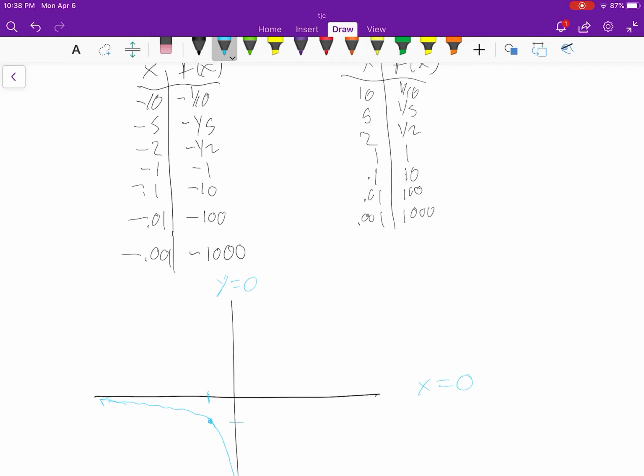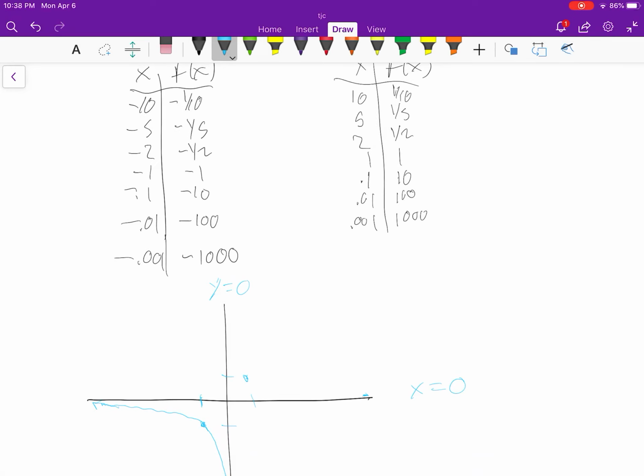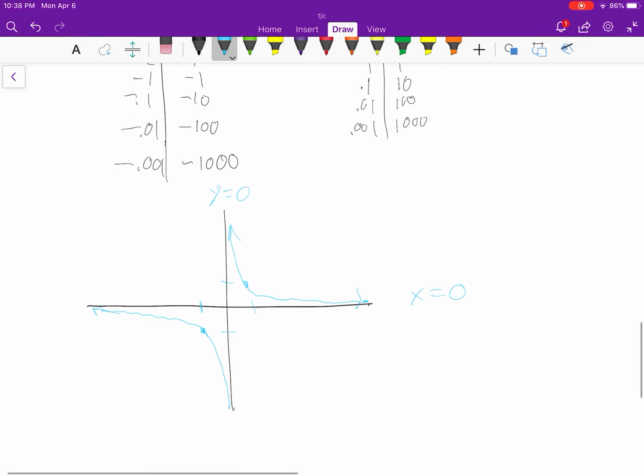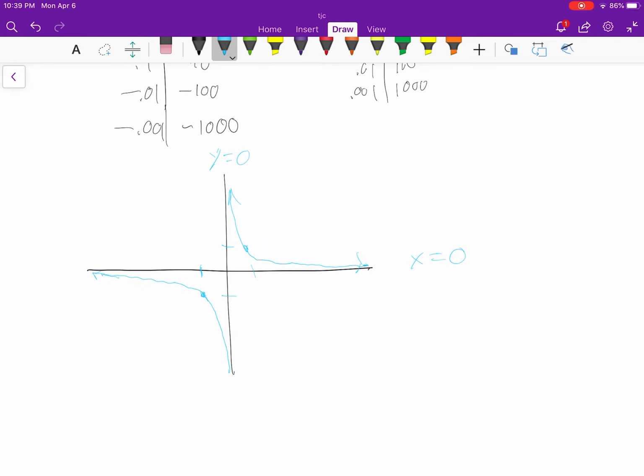So again, as you get larger and larger, you're approaching 0. So it's starting here at 0, and then at 1 and 1, that's where it crosses, and then it goes off as you approach 0 on the x value. So as you approach infinity on the x value, you're going off to 0, but on here you're going up like that. All right, and that's the graph of this function.